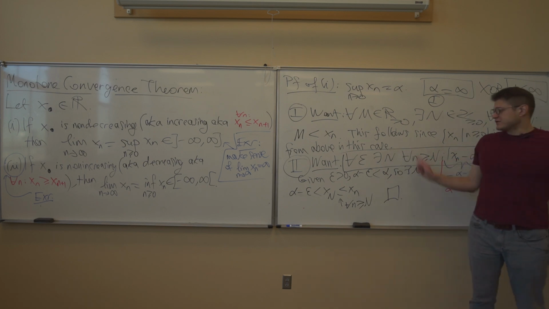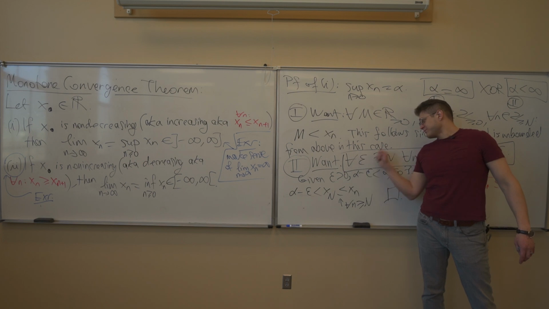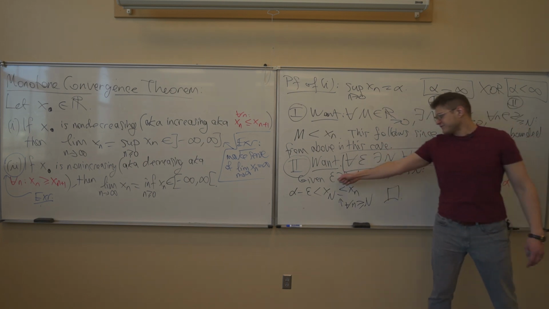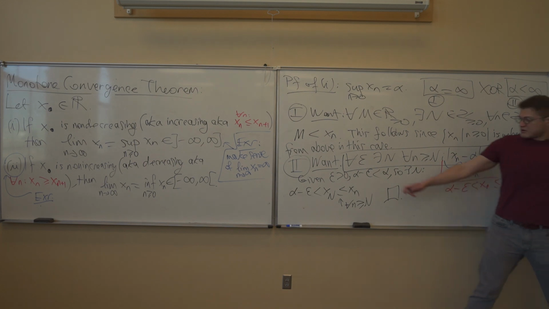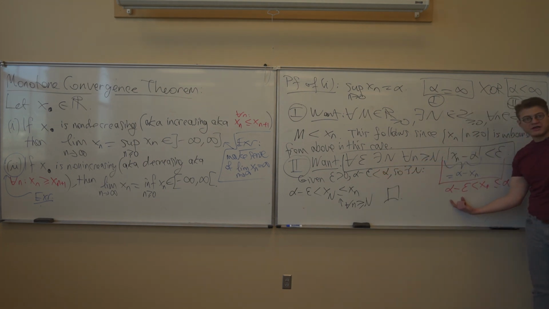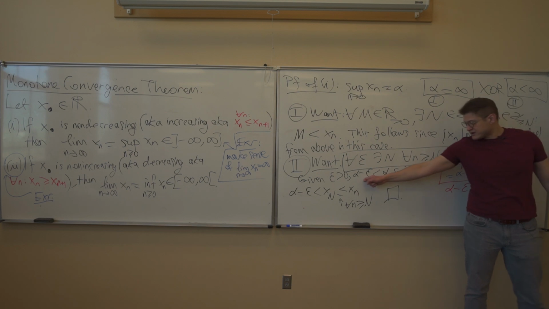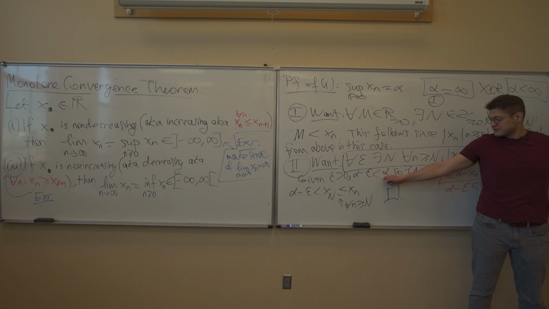Now I want to verify this. Because I want to verify for any epsilon there's blah, blah, blah, I need to fix an epsilon. So given an epsilon, alpha minus epsilon, which is this number I have here, is a number, actual number, strictly less than this alpha. By definition, this alpha is a sup.